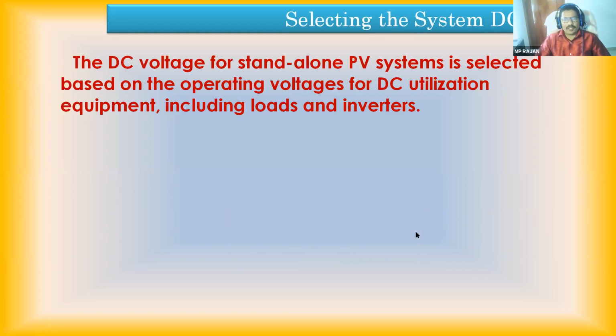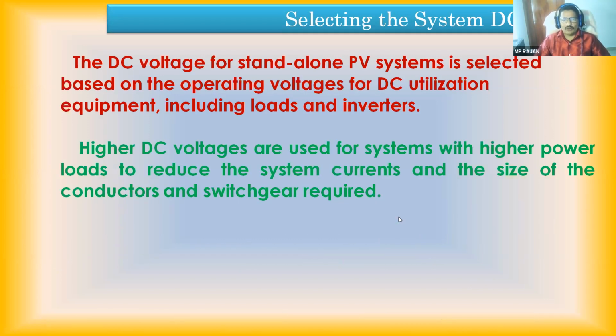One term we should familiarize ourselves with is system DC voltage. What is system DC voltage? When deciding the voltage or sizing the components, there are two voltages, AC voltage and DC voltage. AC voltage is the voltage of your loads. Normally in our house it is 230 volt AC.